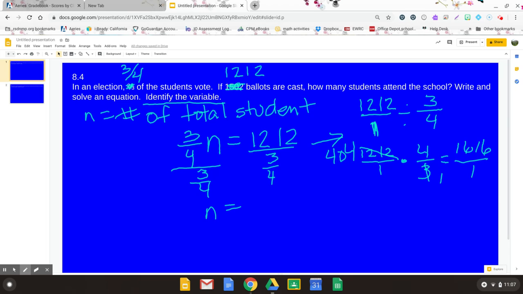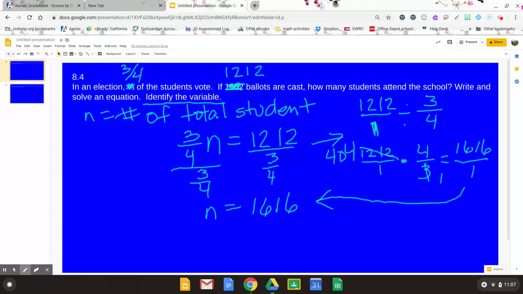So going back over here, 1,212 divided by 3/4 is 1,616. So that tells me that there are originally 1,616 students in the school. And when I look at my answers for 8.4, 1,616 is one of the answers.